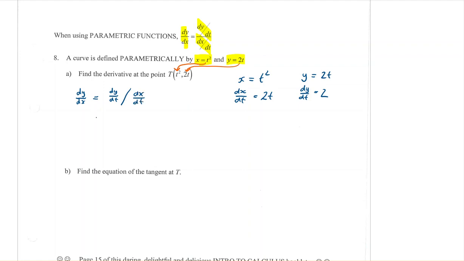So subbing in my two derivatives, dy over dt was, sorry, dy over dt was 2, dx over dt was the 2t. So the 2's will cancel out, giving me a 1, and I get 1 over t for my derivative, dy over dx.